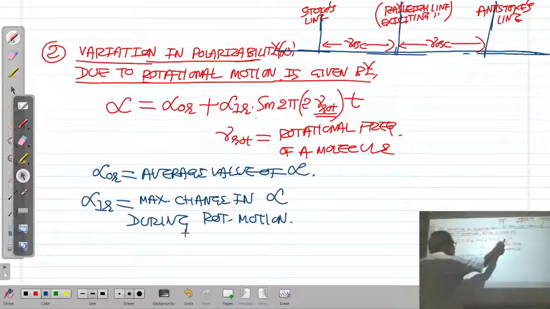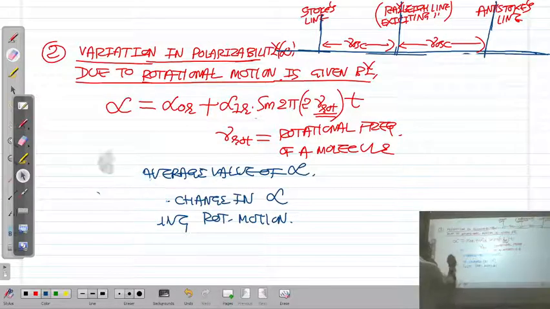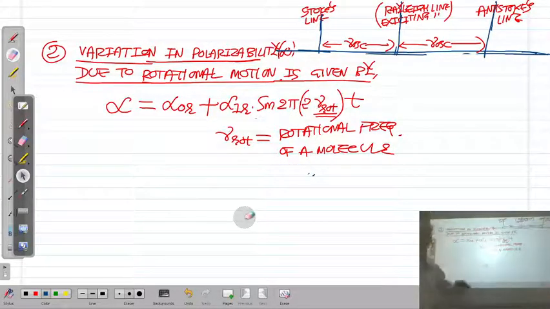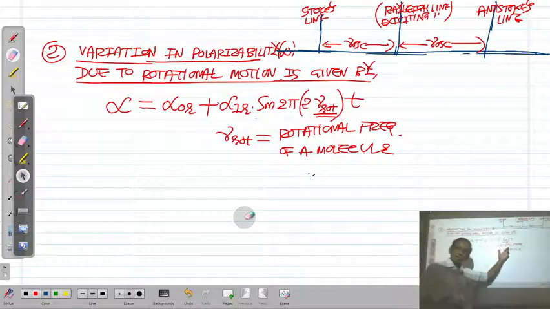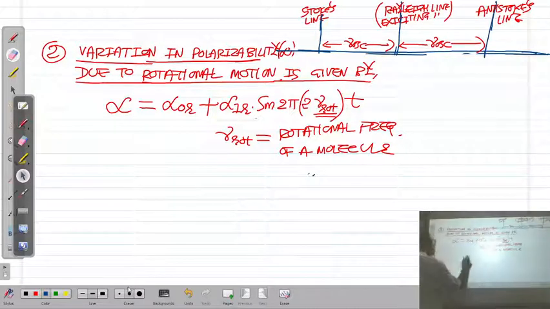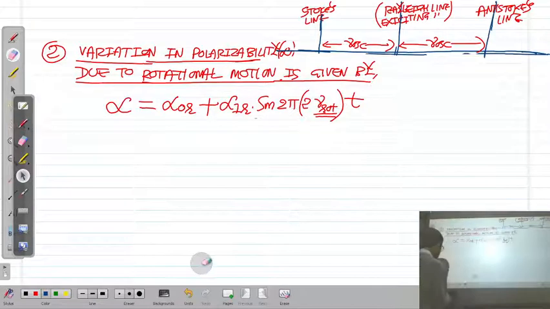Now this nu r is the rotational frequency of the molecule. For vibrational motion, the vibrational frequency of the molecule was nu oscillation, and the rotational frequency of the molecule is nu rho.